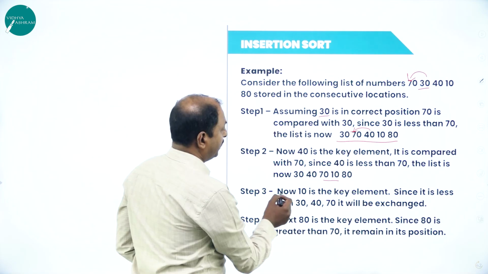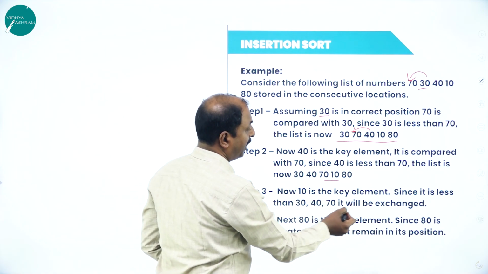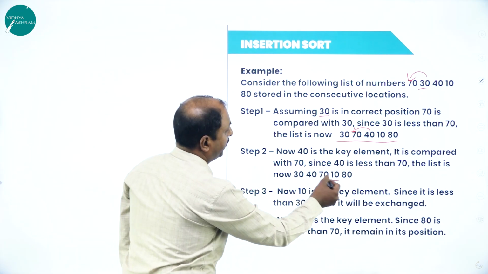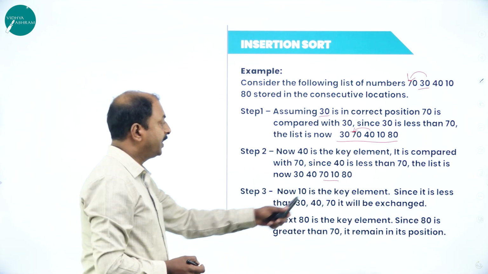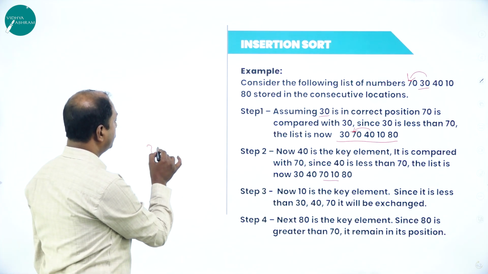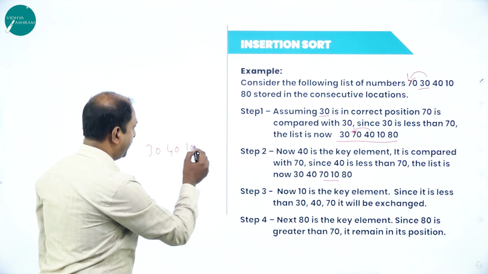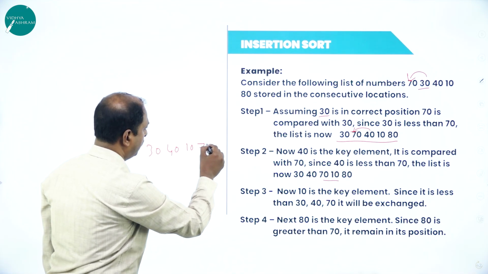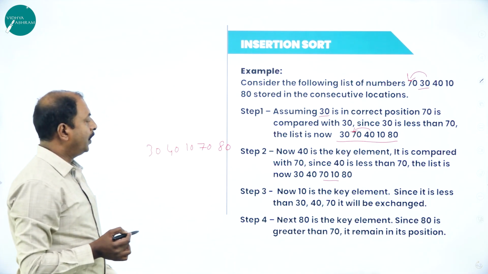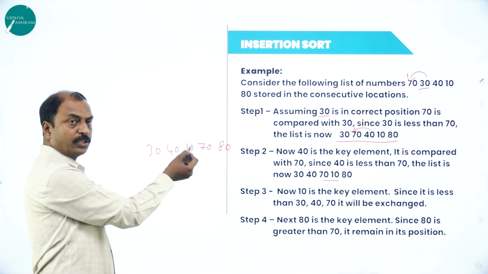So after that, now 10 is the key element. Since it is less than 30, 40 and 70, it will be exchanged. At first, 10 will be interchanged with 70. So the array elements look like this: 30, 40, 10, 70 and 80. Now, 10 is less than 40, it has to be interchanged.